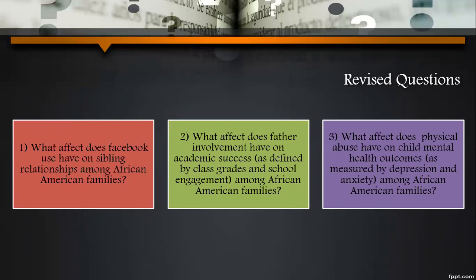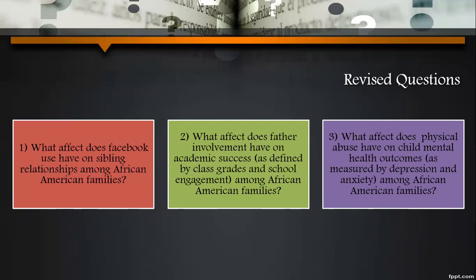And then finally, the third question, what effect does physical abuse? So we are being specific about the type of abuse we are seeking to understand. The specific type of abuse here is physical abuse. So what effect does physical abuse have on child mental health outcomes as measured by depression and anxiety? So we're not just saying any mental health outcome, right?